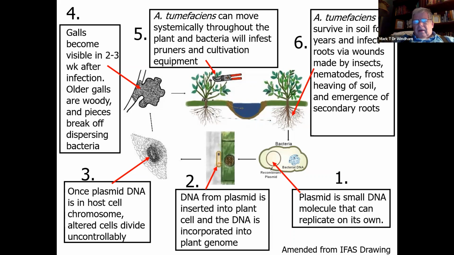So what this means is that if we get a gall on the roots, the bacterium can move through the xylem and be anywhere in that plant. And I'll emphasize this when we get to management. But what this means is we can't prune the gall out and cure the plant.